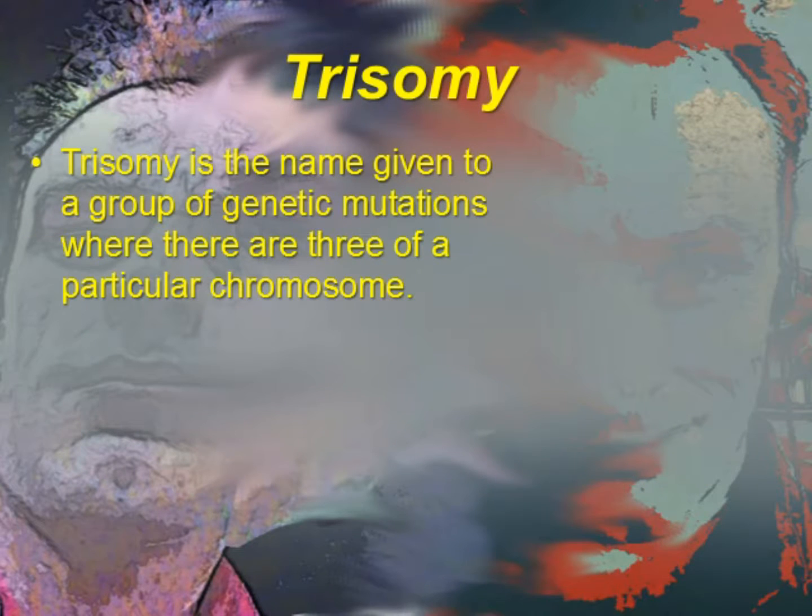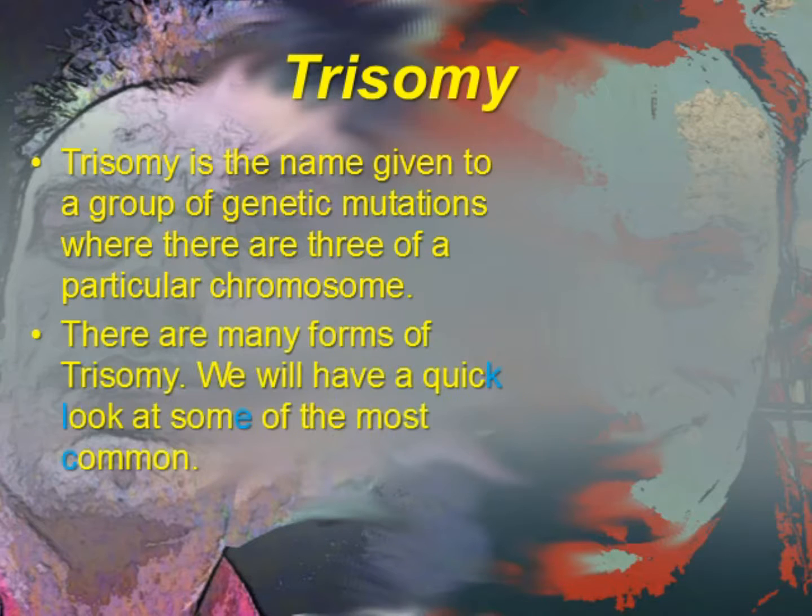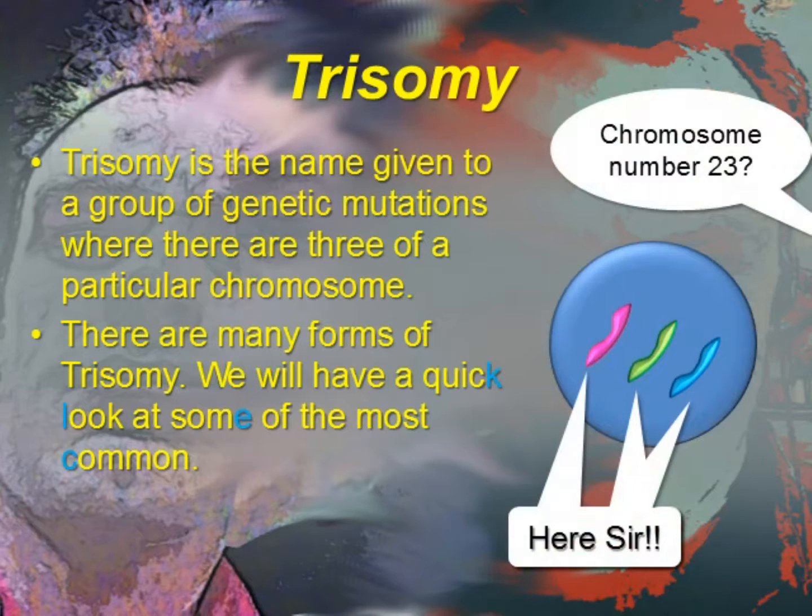So as an example, let's talk about trisomy. Trisomy is a group of genetic mutations where 3 of a certain type of chromosome end up in the zygote of a reproducing organism. So there are many forms of trisomy. We will have a quick look at some of the most common, and in spite of our light-hearted little graphic there, it's quite a serious subject.